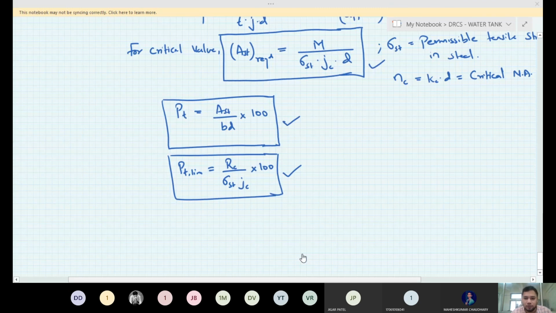We'll design the water retaining structures which are subjected to axial tension only, and how to design such members, that we will see in the next class. Okay, let's end the meeting here.